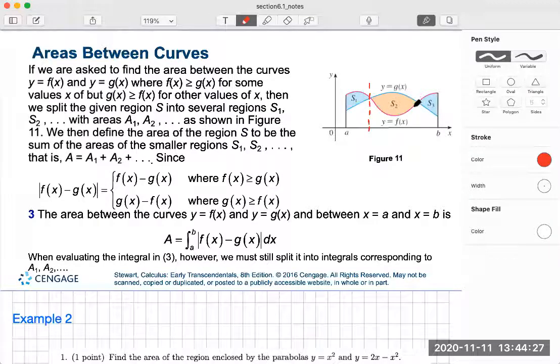Suppose they have two intersections, right? The next area will be from the first intersection to the second intersection here. And then from the second intersection to the upper limit. So we will compute S1, S2, and S3.